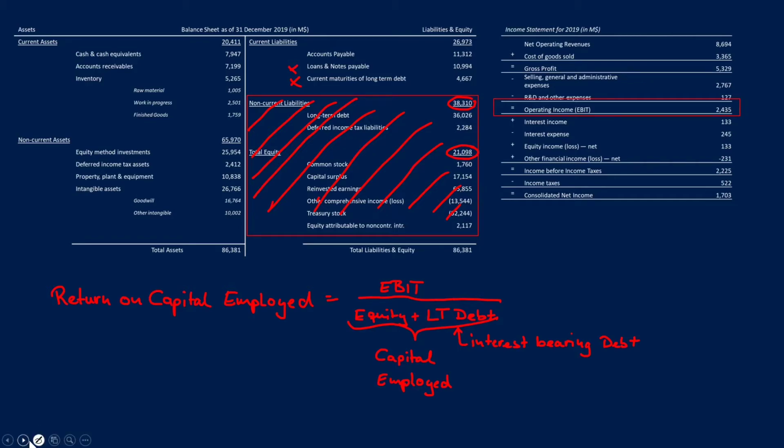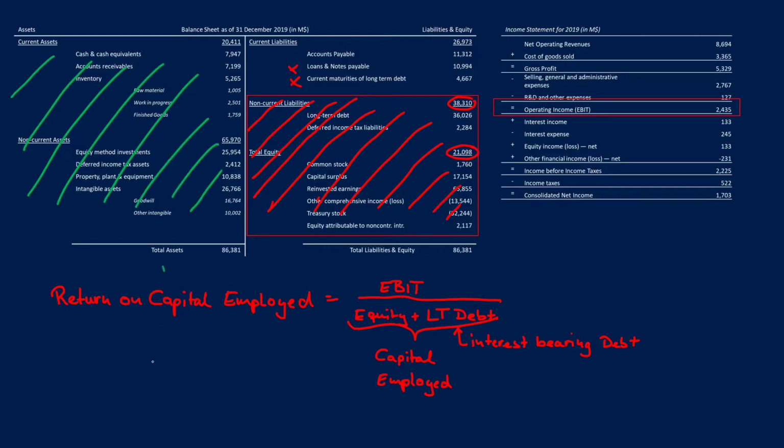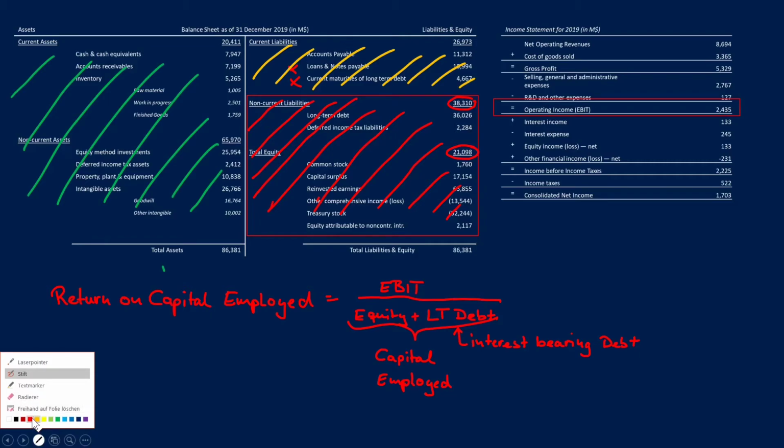But it can also be defined, and we come back to that idea later, as assets minus short-term debt. Assets minus short-term debt will be the same, of course. So it's just a different idea how to think about capital employed.